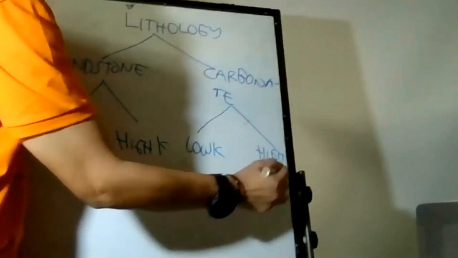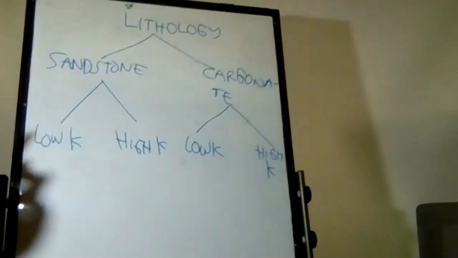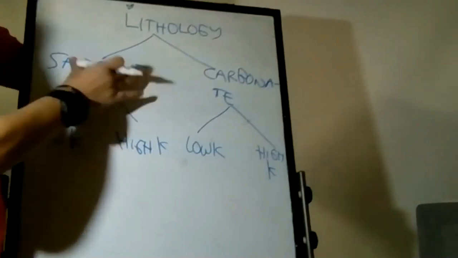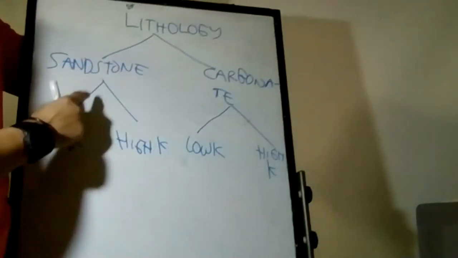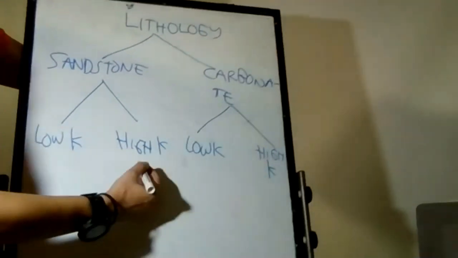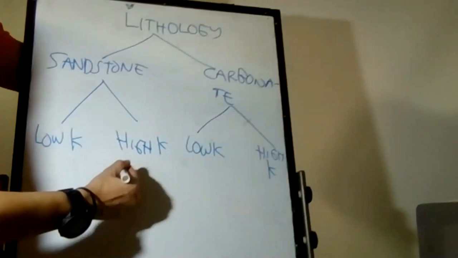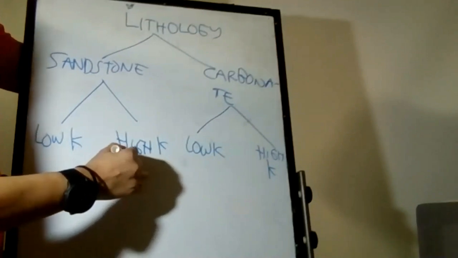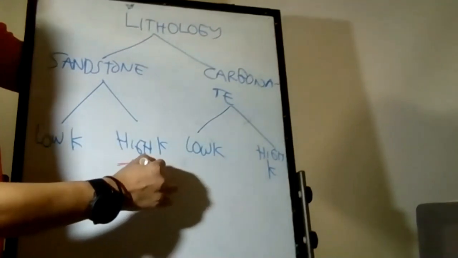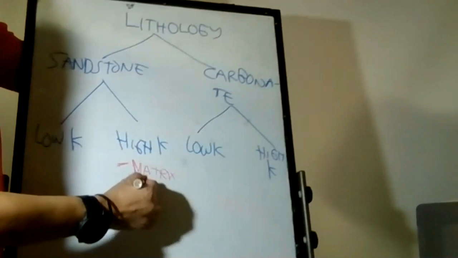Right. So look at this. If you're dealing with sandstone, remember, sandstone doesn't react with the acid. So if you deal with high permeability sandstone, you just want to remove the damage near the wellbore. What you pump here is what we call matrix acidizing, a matrix treatment with mud acid.